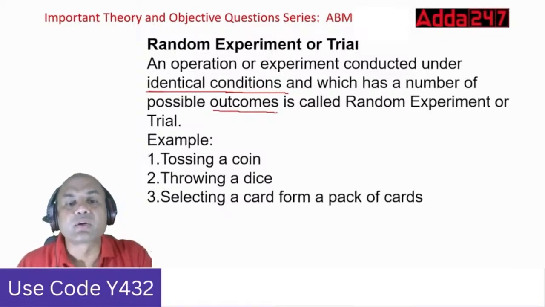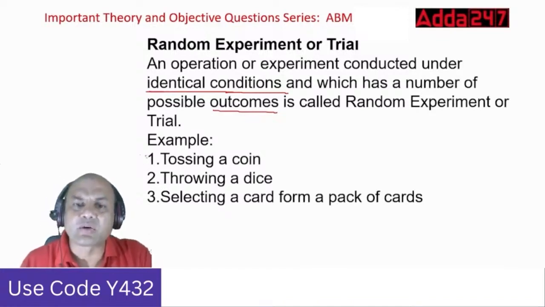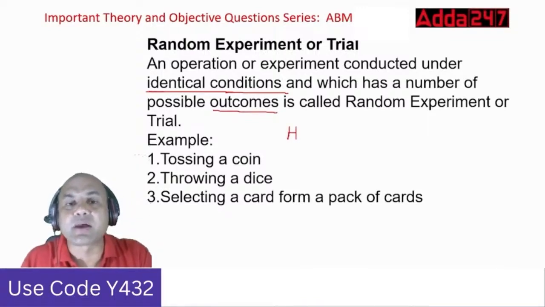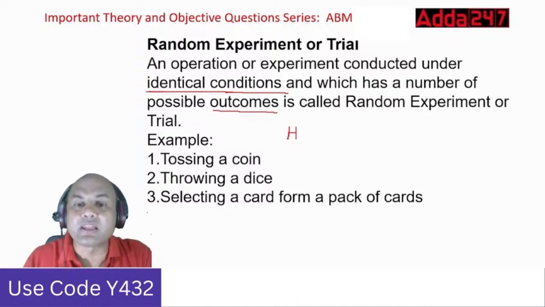So example, tossing a coin. Now you will say, how can this be related to identical conditions? I toss a coin once, so I can get either head or tail. Now second time when I toss, I am again doing it under the identical conditions only. Just now I tossed once, again I am tossing that coin. So now again I can have not only head, I can have tail also.